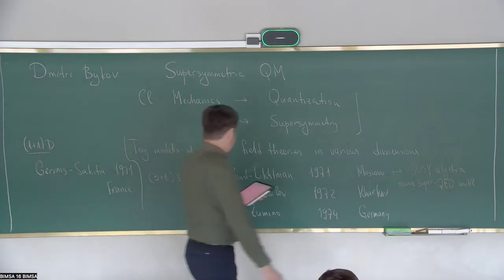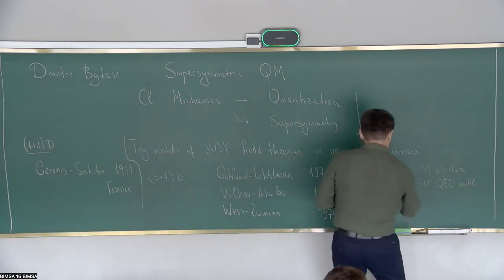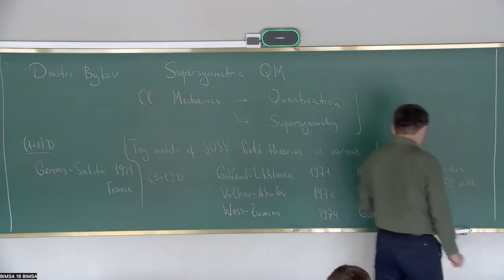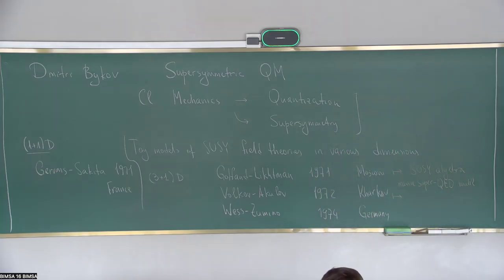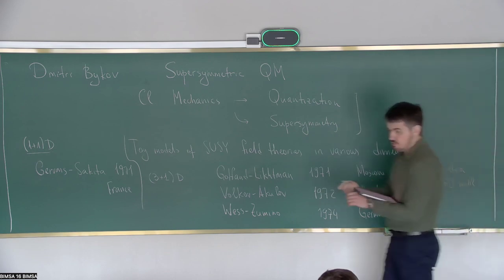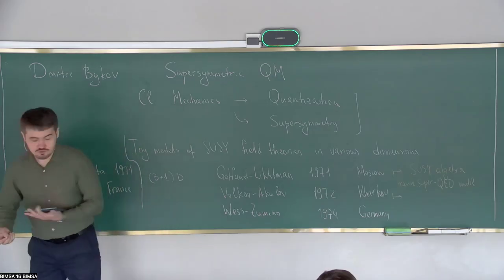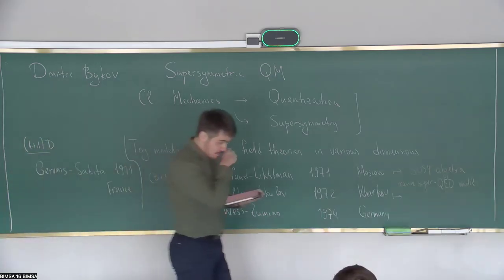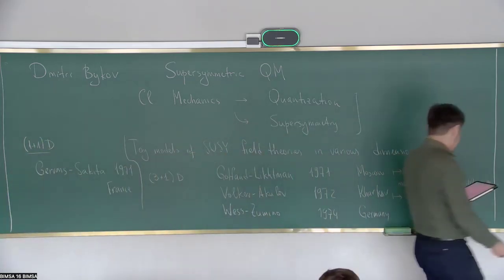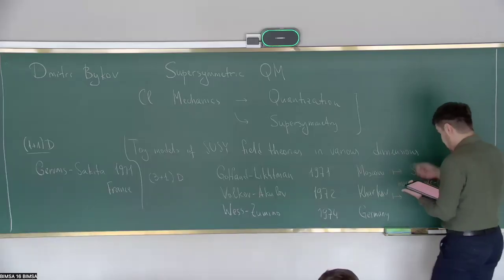So in the work of Volkov and Akulov, they dealt with some kind of nonlinear realization of supersymmetry, so nonlinear representation. So representation on some kind of homogeneous space, you could say, not a vector space, but some nonlinear manifold.